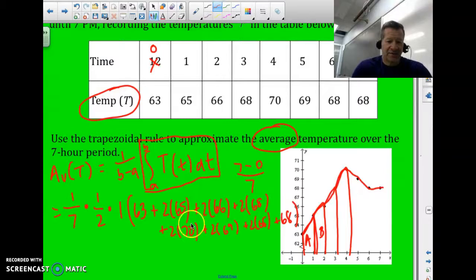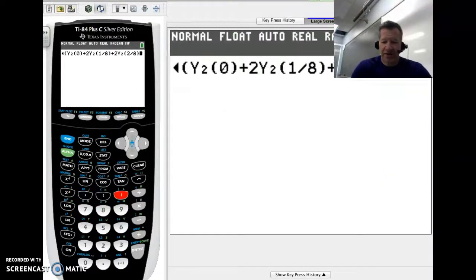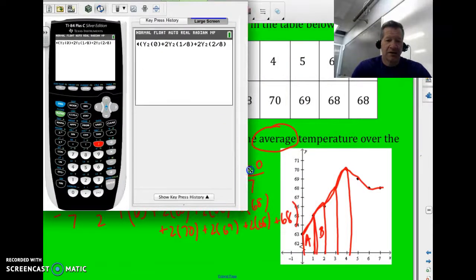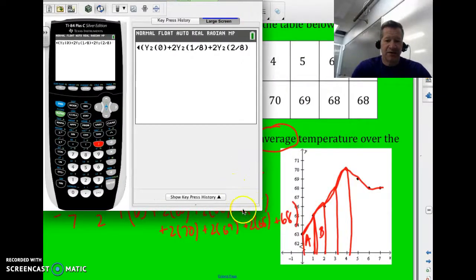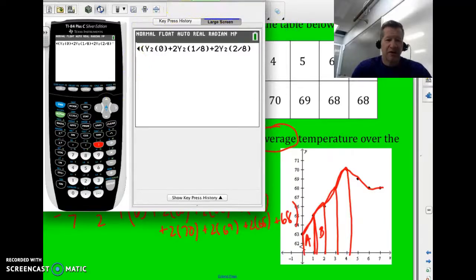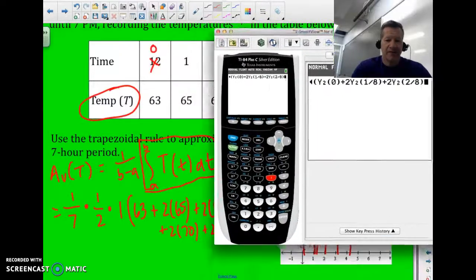So if we add these up, let me see if I can grab this and make it smaller. I don't want to make it too teeny weeny, but it won't let me make it smaller that way. Let's see if I can just move it out of the way a little bit.